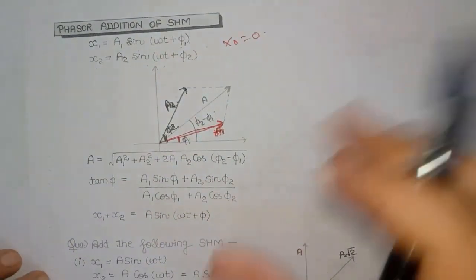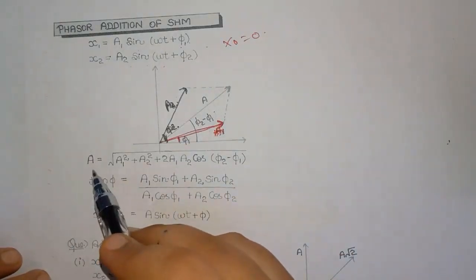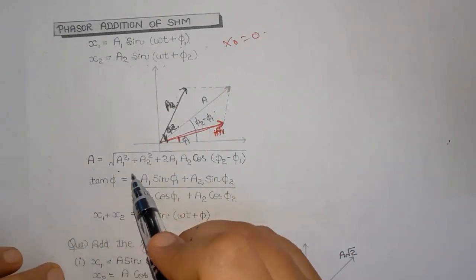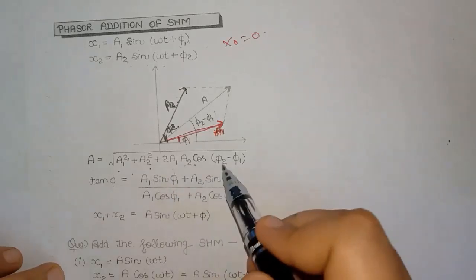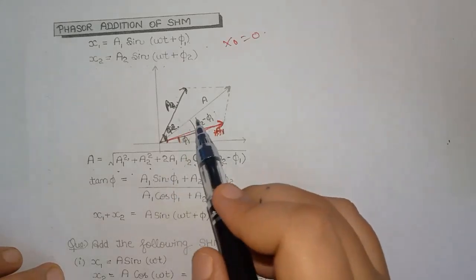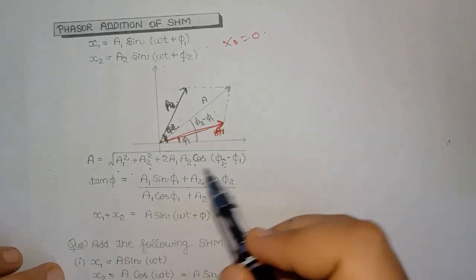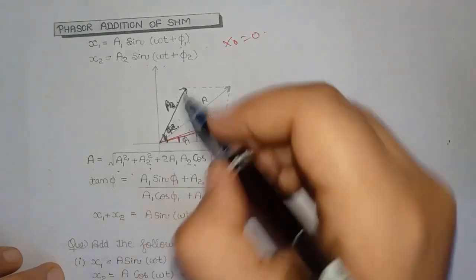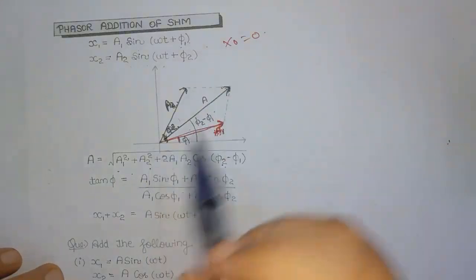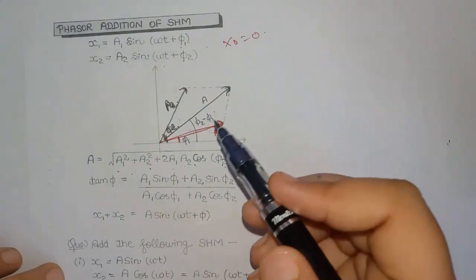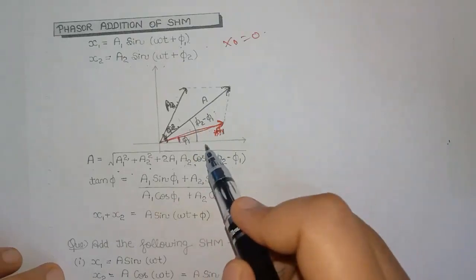We can find the resultant as A equals the square root of A1 squared plus A2 squared plus 2 A1 A2 cos of the angle between them, which is φ2 minus φ1. This will be the resultant vector A, making an angle φ with the x-axis.